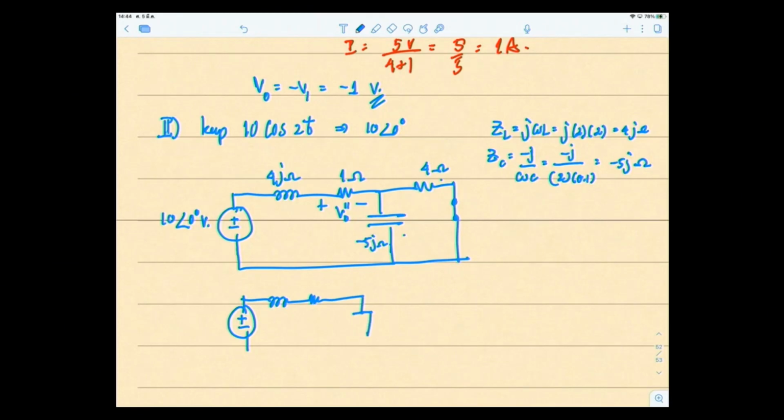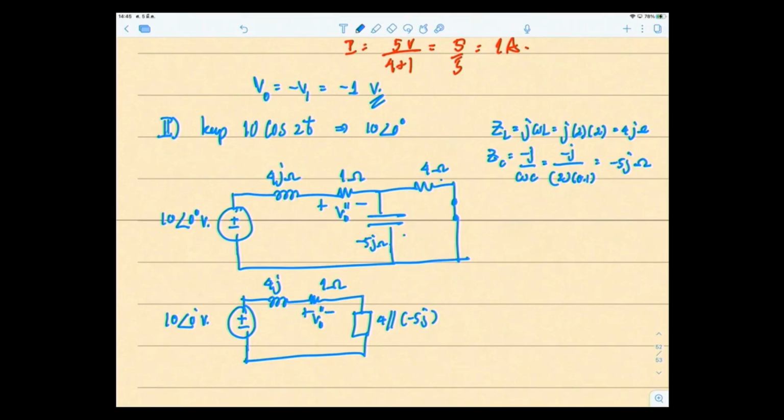So this would be my impedance, which is 4 parallel with minus 5j ohms, then 1 ohm, 4j, 10 angle 0 degree volt, plus minus V out double prime. You should be able to see it and smile that I can get the answer now.